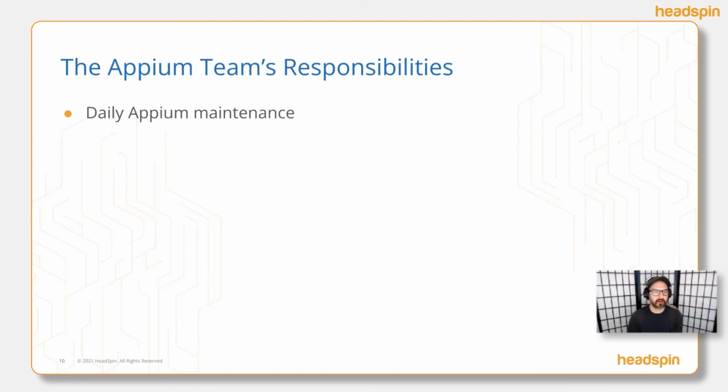So there's daily Appium maintenance, right? So Kazu and myself, and honestly, Kazu is just much better at this than I am, but every day we're reading GitHub issues from people saying that things don't work. I don't know how many we get a day.